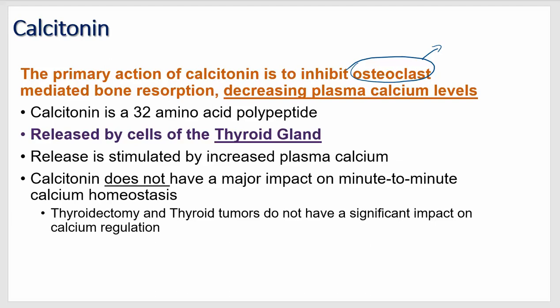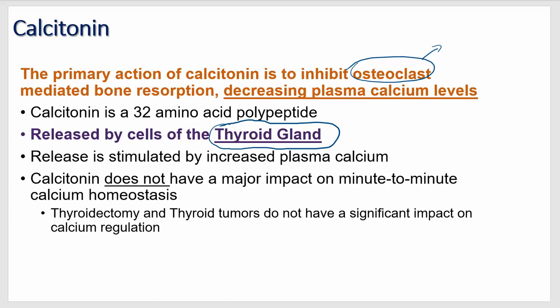It's a 32 amino acid polypeptide released by cells of the thyroid gland. Okay, thyroid gland, not parathyroid. And it wants to maintain or increase calcium levels. Okay, I said that wrong.